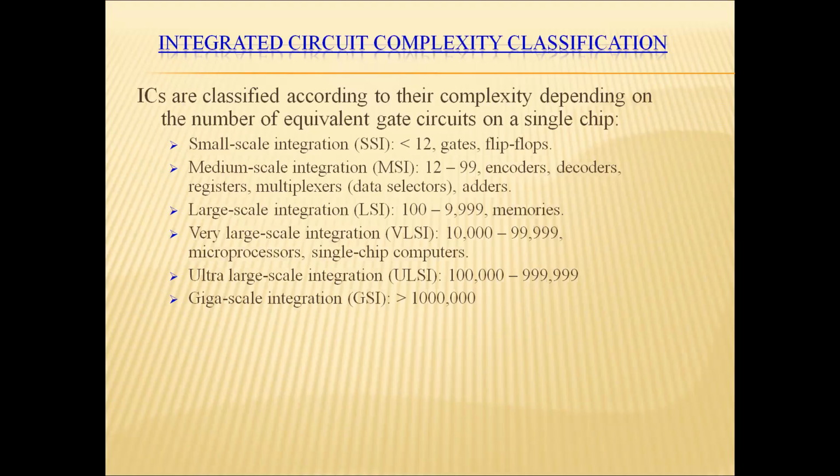But you cannot make the size of the transistor very small, because at some level you can really touch the nucleus. Therefore it is not possible to reduce the size of the transistor below a certain point.